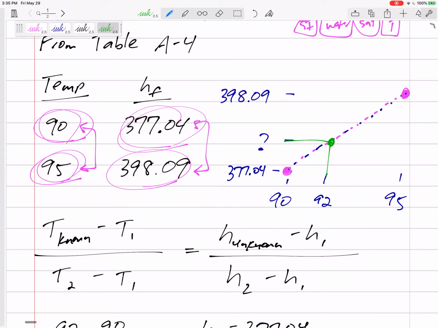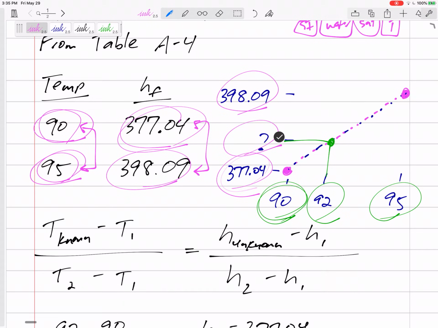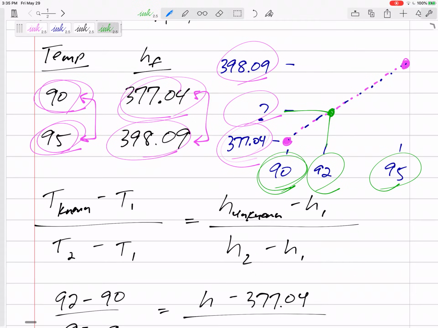All right, so here we go. Top minus bottom over middle minus bottom is equal to the top minus bottom over middle minus bottom of the other axis. Do you see what I'm doing?